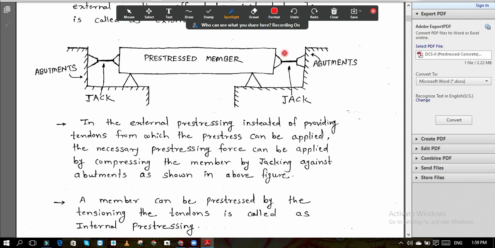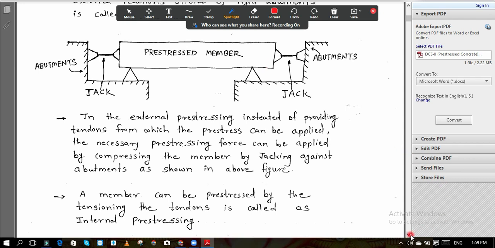In the external pre-stressing, the necessary pre-stressing force can be applied by compressing the member by jacking against the abutment as shown in the figure. So directly this pre-stressing force is applied over here.